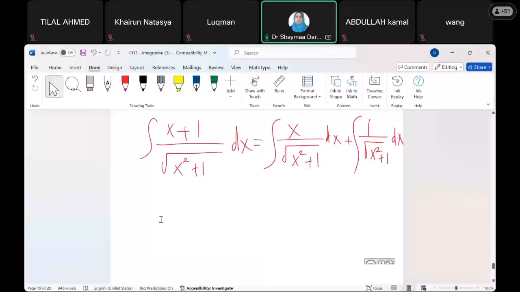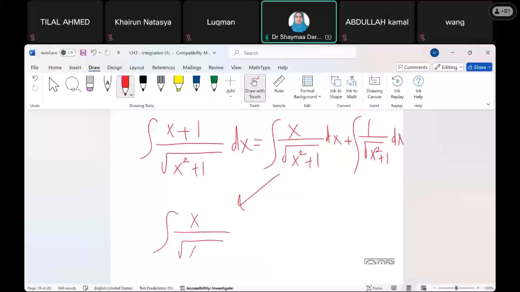So if I go for the first integration, I need to integrate x over the square root of x squared plus 1 dx.